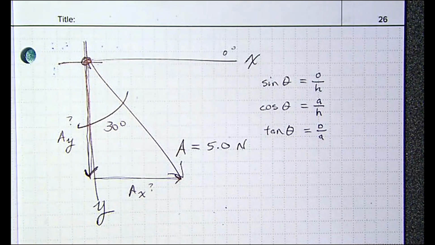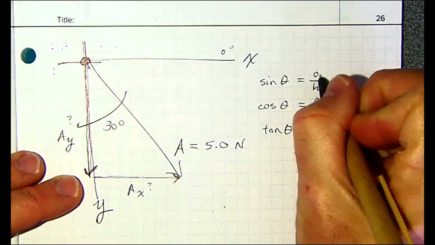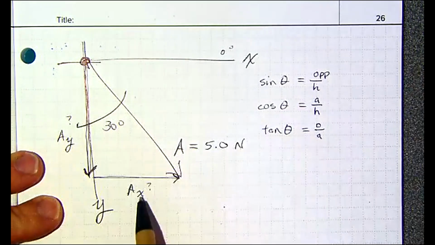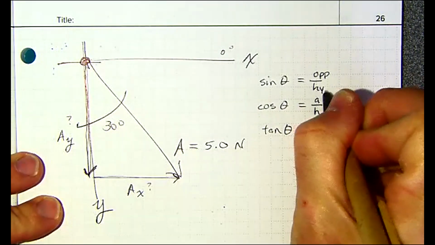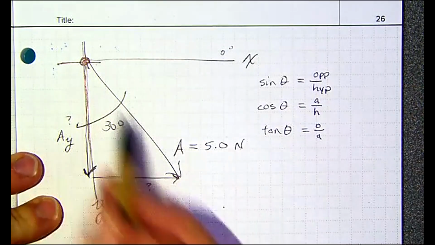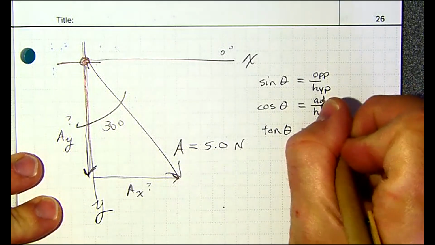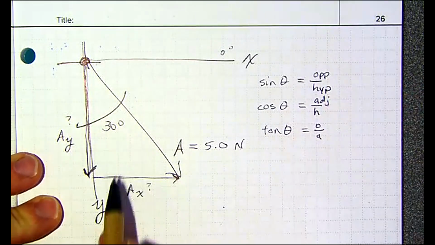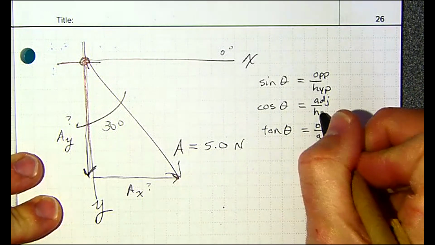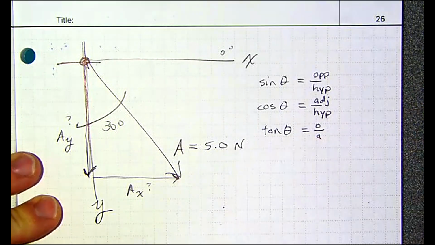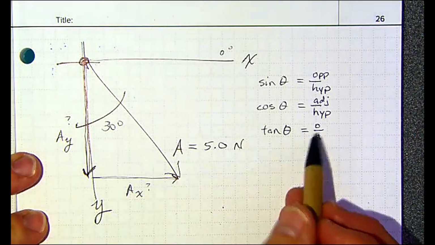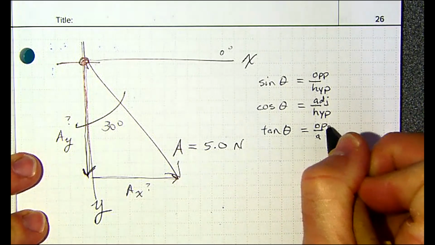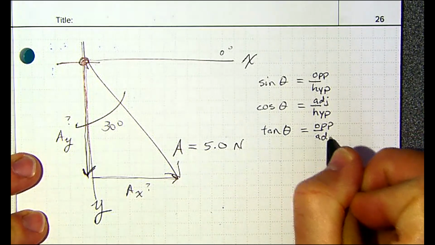So SOH CAH TOA. The O, of course, is the opposite side. Remember, that's the opposite side in this one. And there's the hypotenuse side in this one. And then the adjacent, ADJ for adjacent side, here it is there, and the hypotenuse. By the way, if I get one of these mixed up, then everything's going to be wrong. And then the opposite, OPP, ADJ.